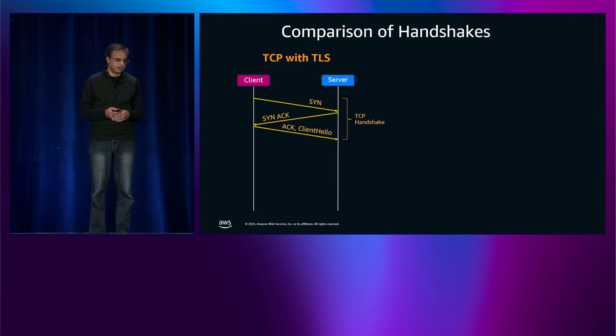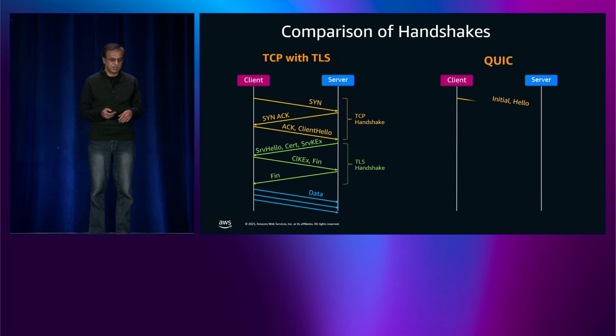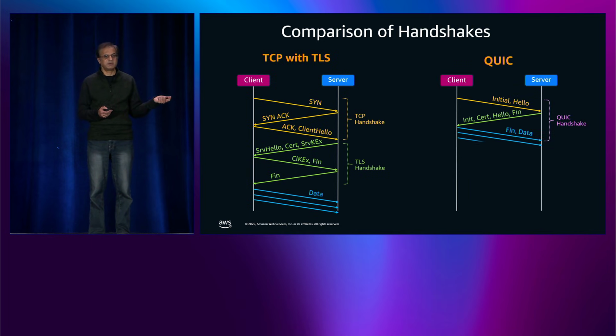Now let's compare the handshakes that happen in the current TCP with TLS. In a current TCP environment, there's a three-way handshake, the TCP three-way handshake of SYN, SYN-ACK, ACK. And then on top of that, clients will typically do a TLS handshake, and after that, there will be actual data transfer. So there are a number of handshake messages involved, and after that, the data connection actually happens. Compare that with QUIC, it's just one round trip, and that's it, and data starts flowing.